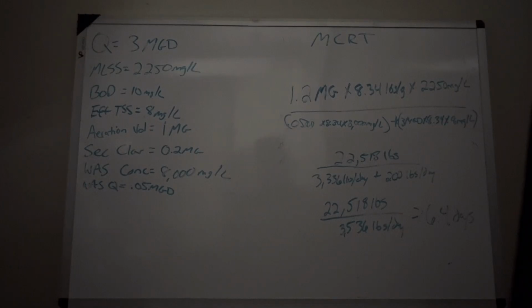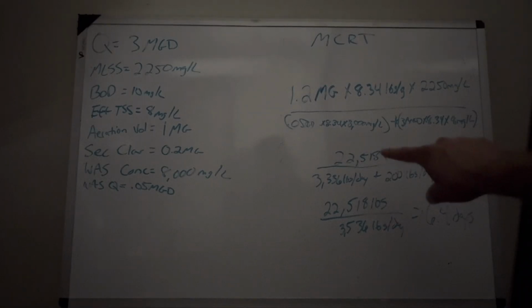It just depends on how it's dispersed in the secondary clarifier. So I multiply by 8.34 pounds in a gallon. That's a constant: 1 gallon of water weighs 8.34 pounds, times 2,250 milligrams per liter. So that brings me down here, and I've got 22,518 pounds of MLSS in my aeration basin.